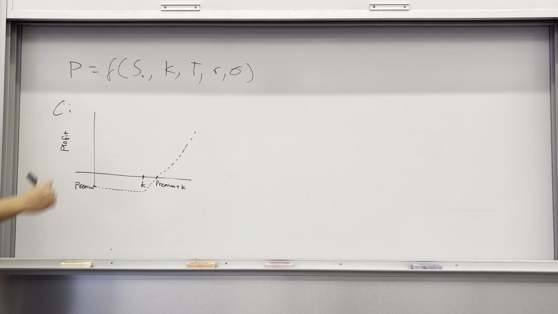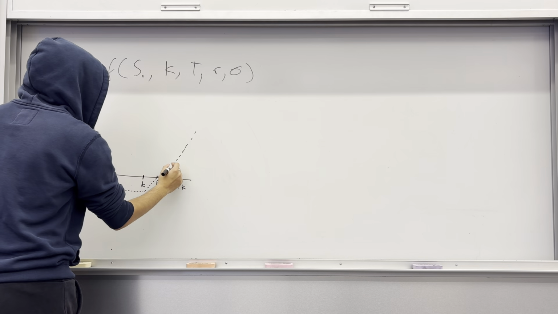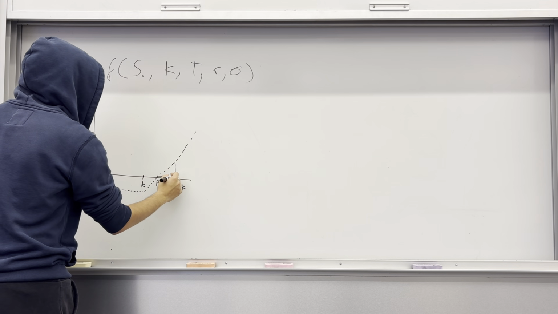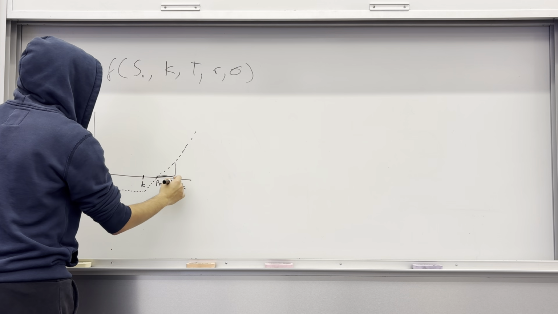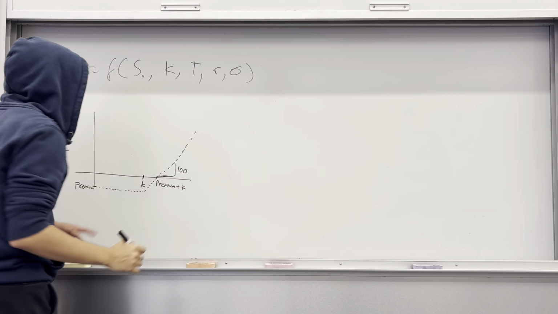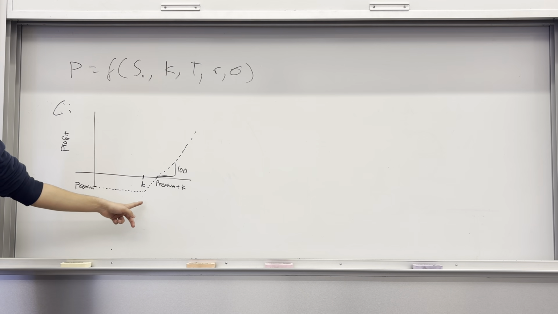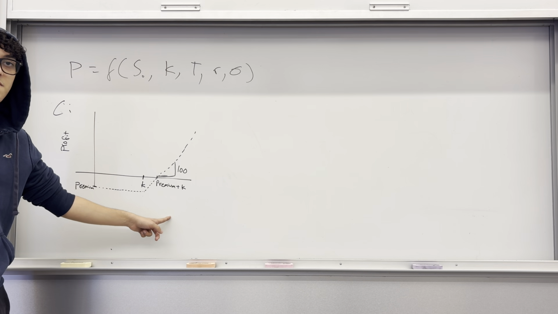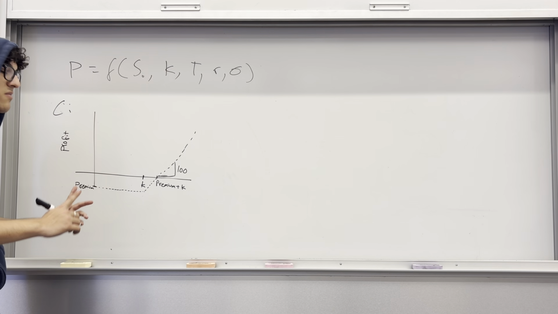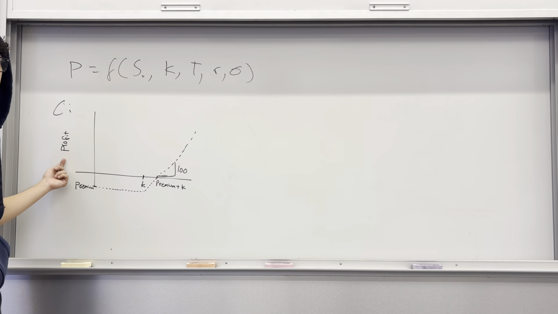This is called a call. This is the call profit chart. This slope is 100. So for every $1 that the stock moves, you make $100 profit on your call.